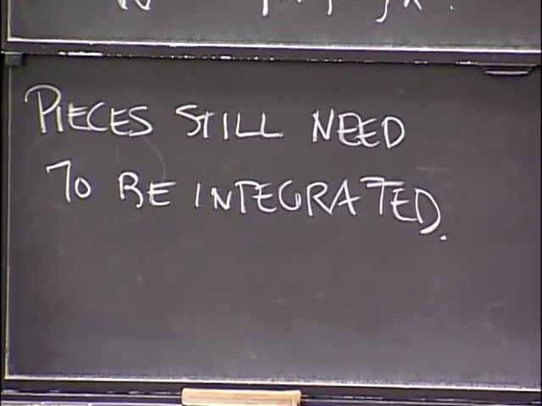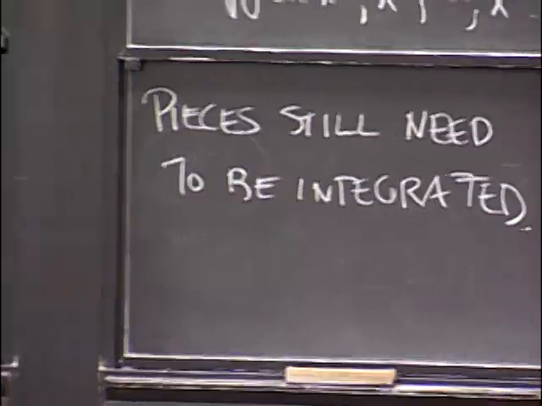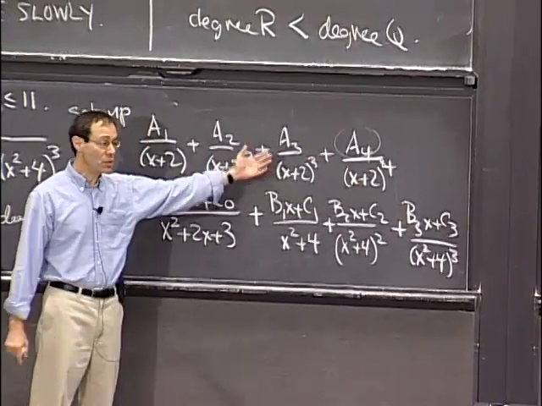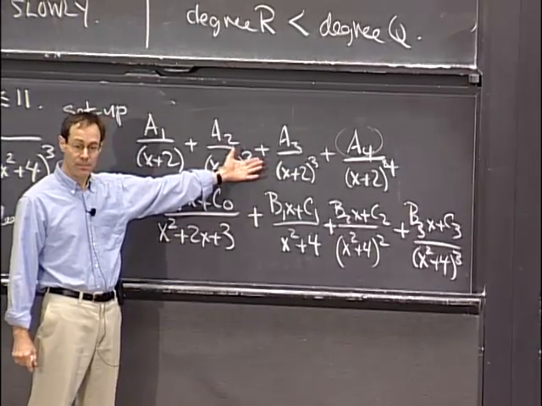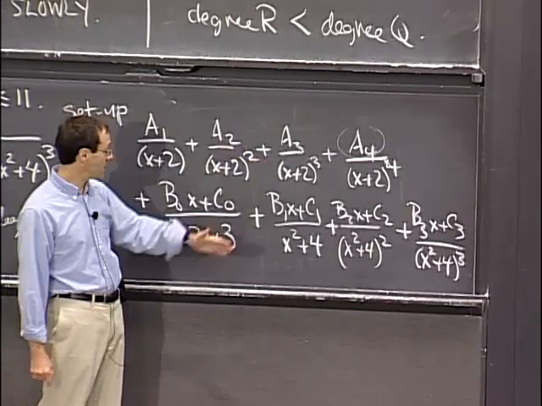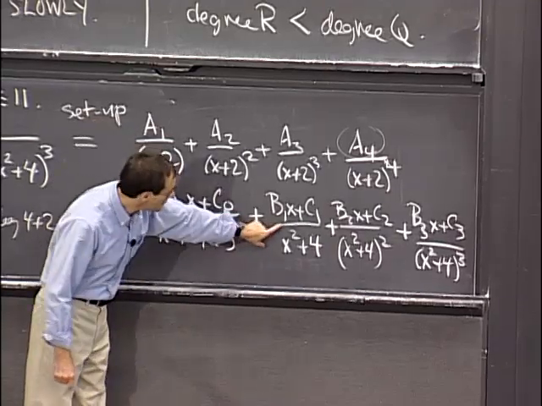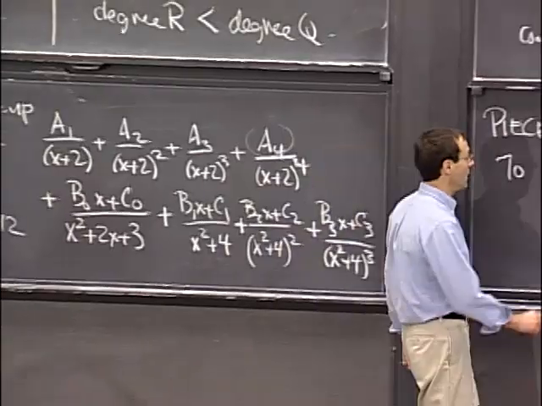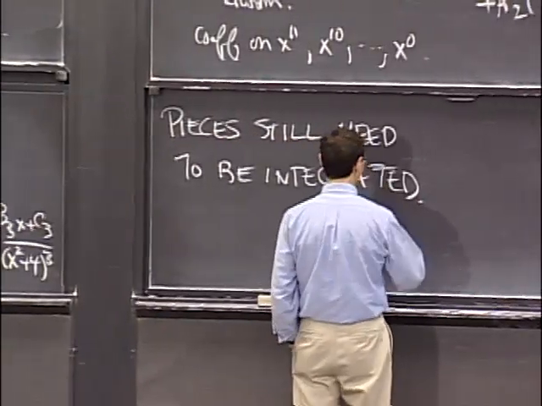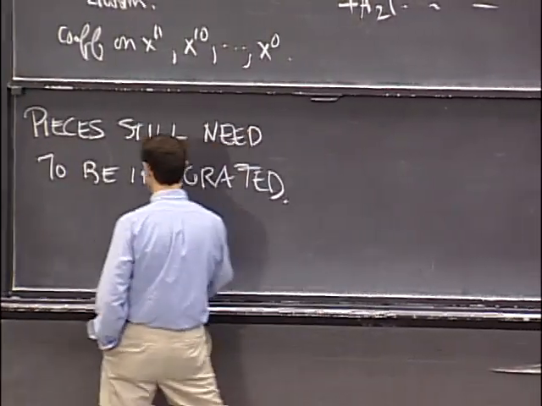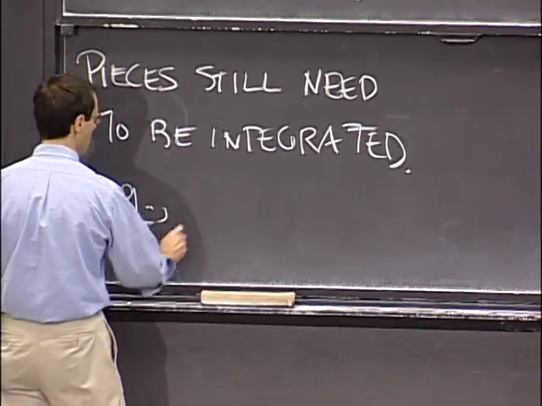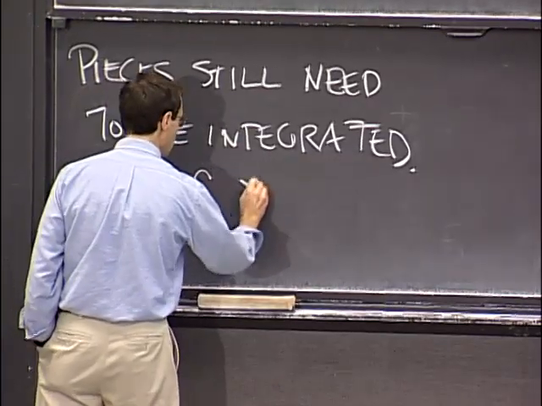We still have the problem of integrating the pieces. Now, some of the pieces are very easy. This top row here, the antiderivatives of these you can just write down by advanced guessing. I'm going to skip over to the most complicated one over here for a second. And what is it that you'd have to deal with for that one? You'd have to deal with, for example, this guy.